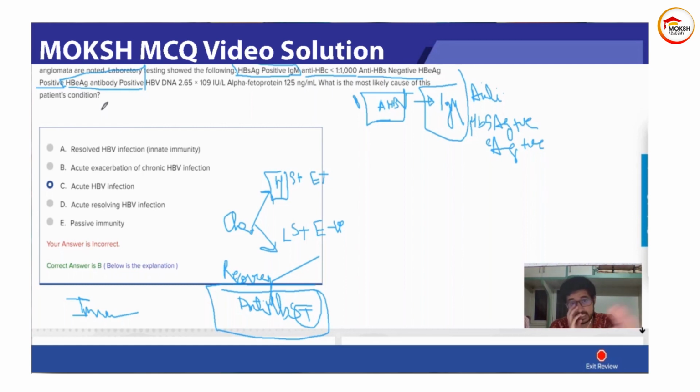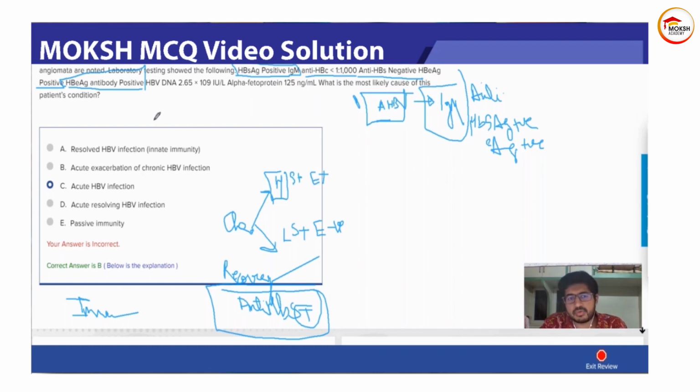If they have written HBeAg positive, that's all right, they're telling you high infectivity is there. But now they are writing anti-HBe is positive, which means the body is in the chronic phase and has formed antibodies against the hepatitis B virus.